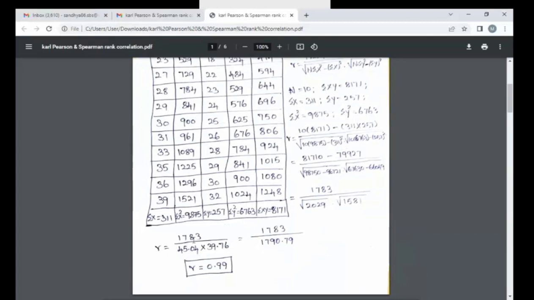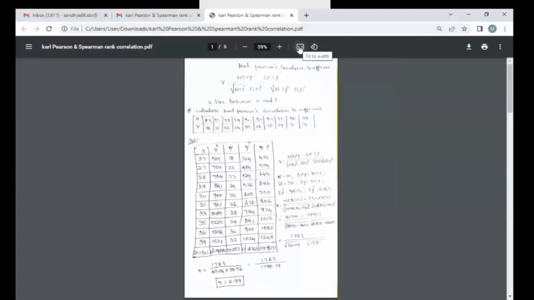So r is equal to 1783 divided by square root of 2029, which is 45.04, and the square root of 1581, which is 39.76. You multiply these two things, it is 1790.79. If you divide these two, you will get 0.99. So 0.99 lies between 0 and 1. So it is our answer.